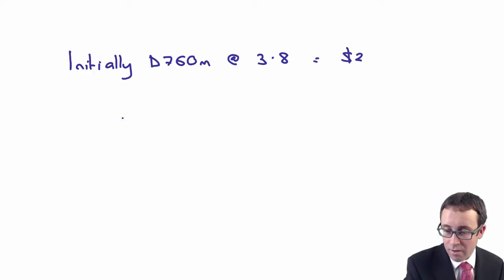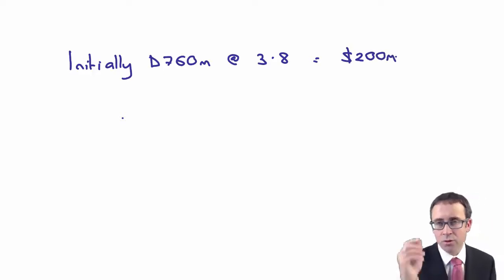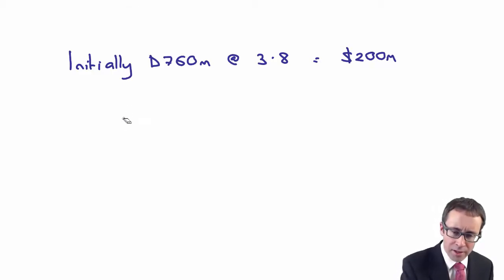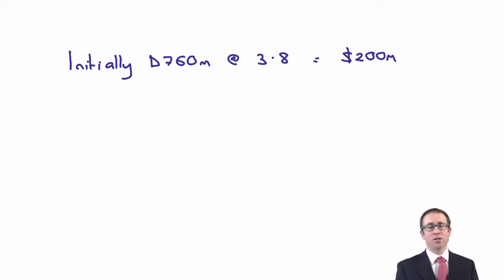So that was initially recorded at 200 million, wasn't it? But that 200 million we need to eliminate on consolidation, don't we? So when we eliminated it on consolidation initially at the acquisition date, the rate that we used to translate the investment would have been exactly the same rate that we used to translate all of the assets and all of the liabilities for our very first consolidation, at that point when we bought the subsidiary.